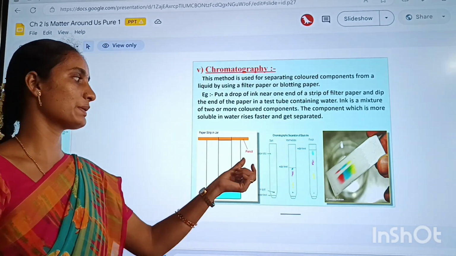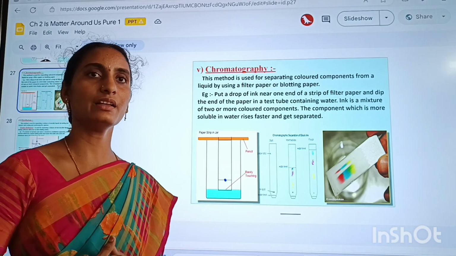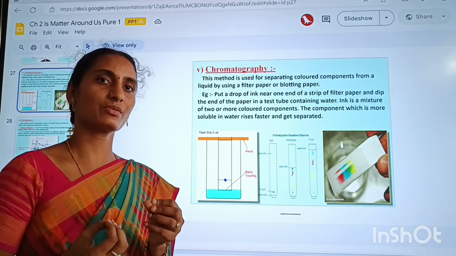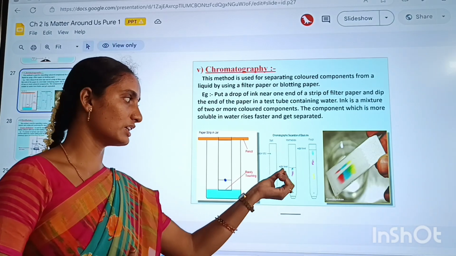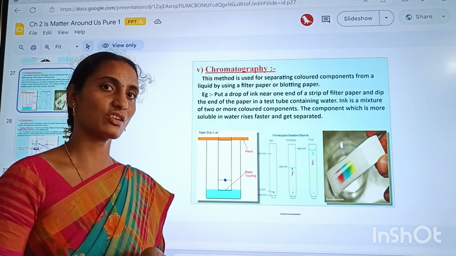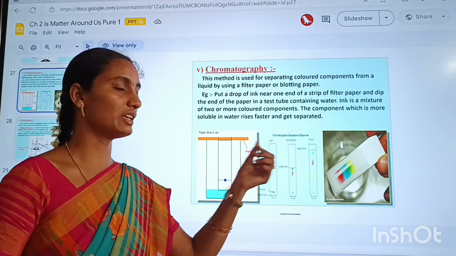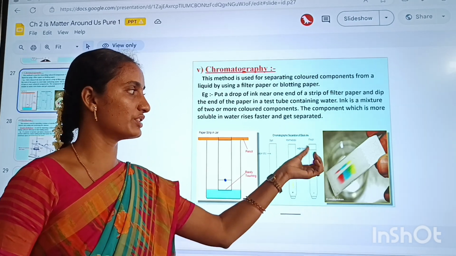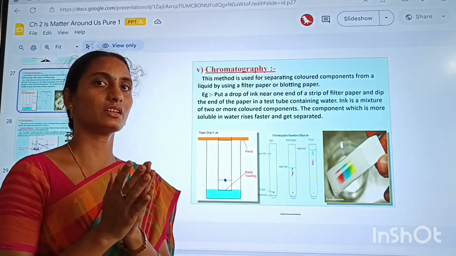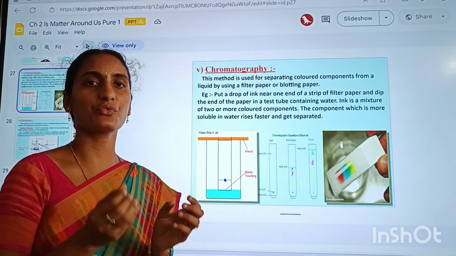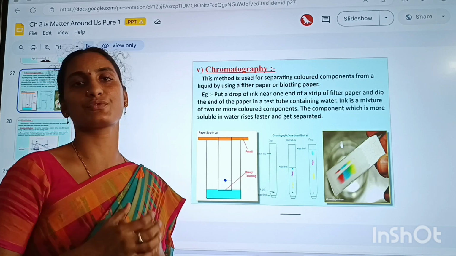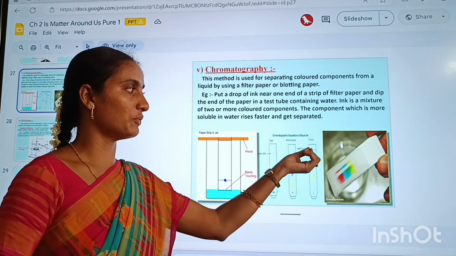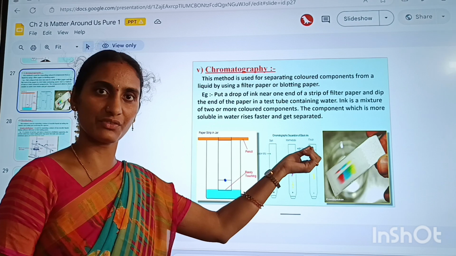The filter paper can absorb the water easily, so the ink can absorb it later. That's why the color indication will be lower in height compared to the level of the water which we observe. Next is the finish. After a few minutes we observe the paper, and we can find out how far the water has traveled in the filter paper.